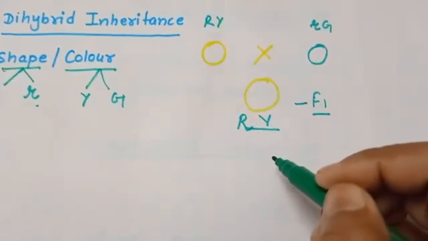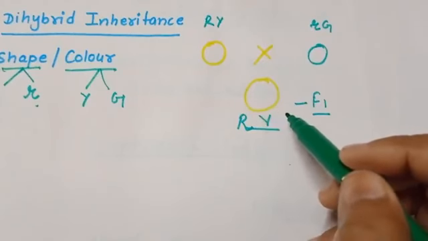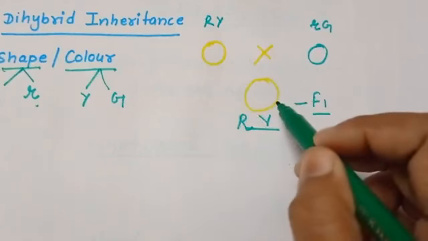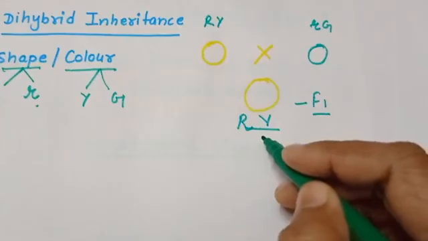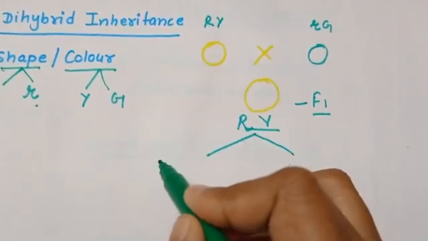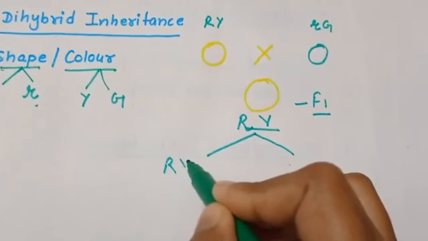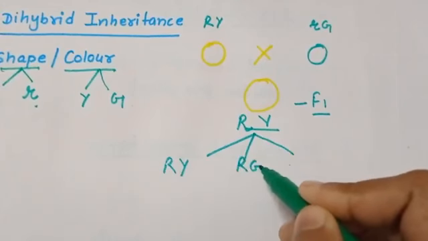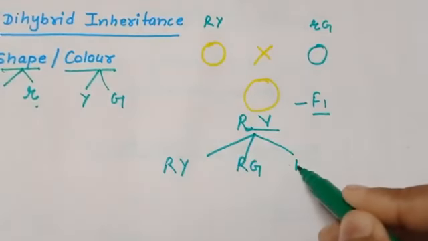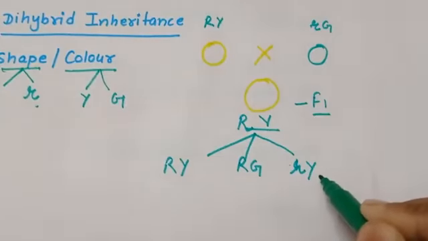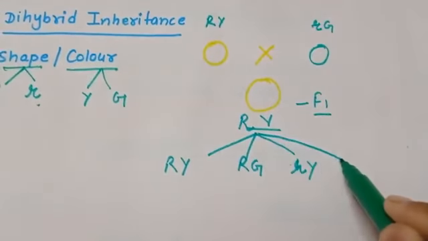When round yellow seeds were selfed, or crossed with the same type, then what happened? There were possibilities that a round yellow seed will form, a round green seed will form, wrinkled (small r) yellow seeds, or wrinkled green seeds.